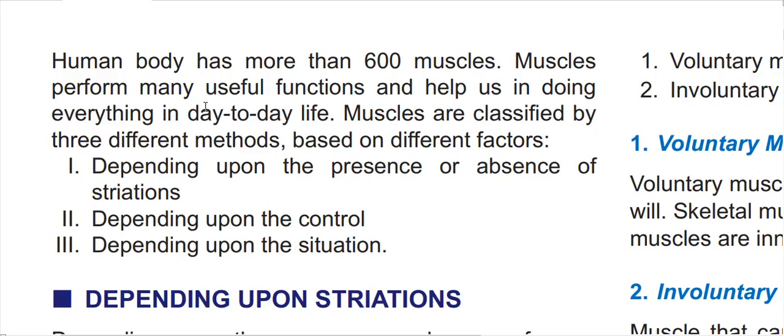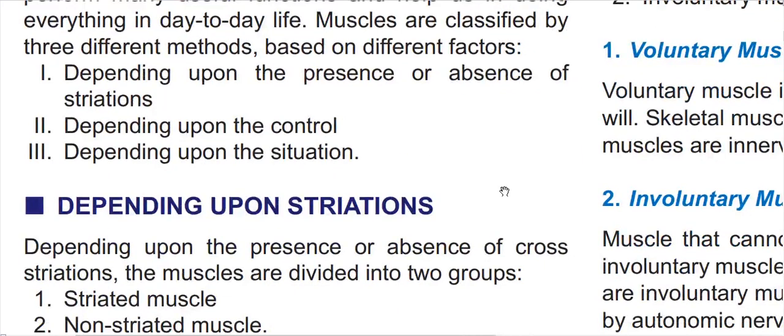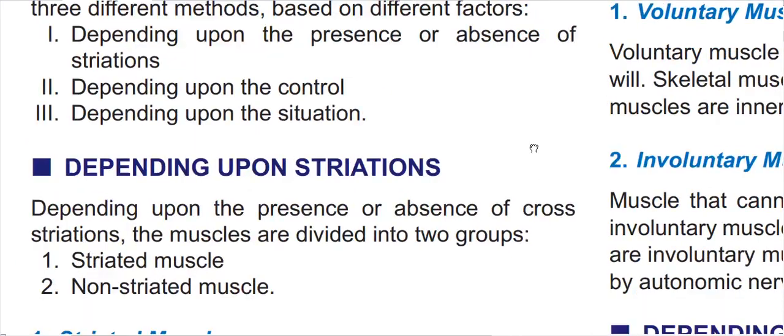And muscles are classified by three different methods based on different factors: depending on the presence or absence of striations, depending upon the control, and depending upon the situation. So these are three points upon which we classify muscle into different categories, different classes.